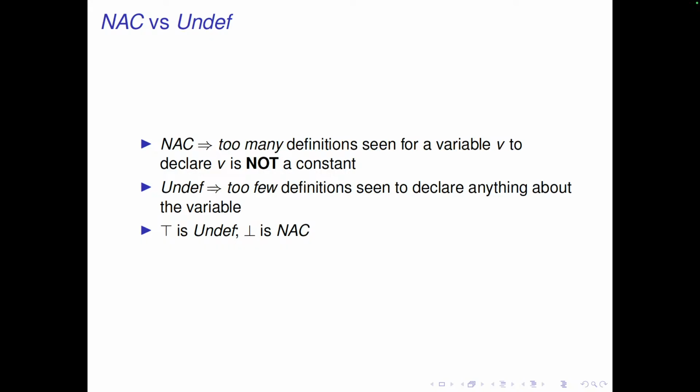Right. So as I said, initially this undef is also boundary information. So when you start, you put every variable as undef. That's how you start. No matter where you are, you assume every variable is mapped to undef, because initially you have seen too few definitions anyway. And then as you process the program, you fix things.